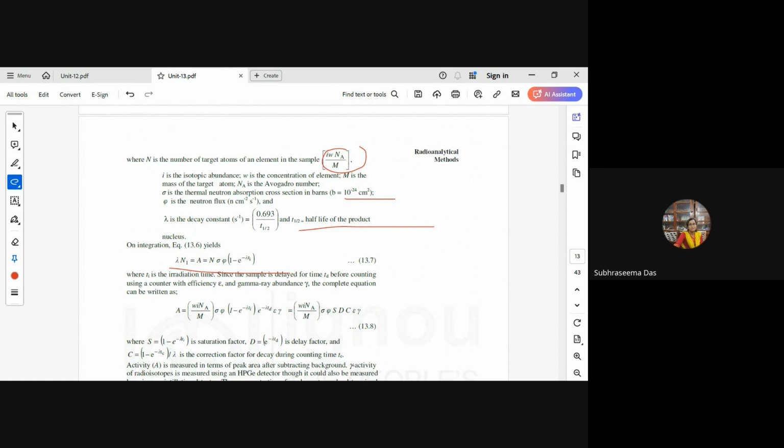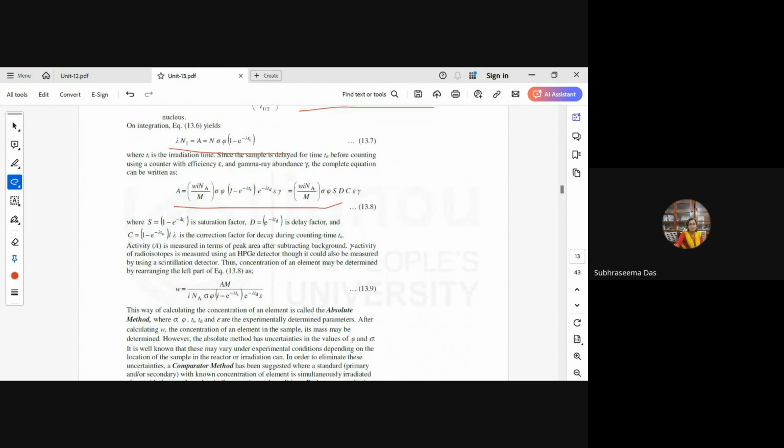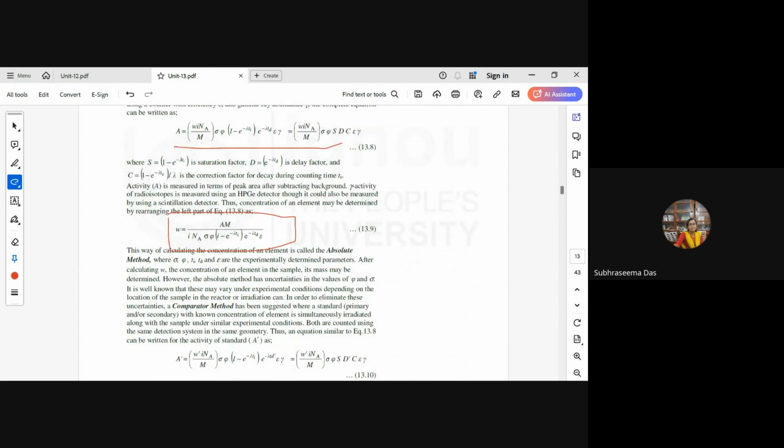Now since the sample is delayed for time td before counting in a counter, the following equation is obtained, and then it is all substituted with all values, and we find the concentration, which is given in equation 13.9. This way of calculating the concentration of an element using equation 13.9 is called the absolute method, where sigma, phi, ti, td and epsilon are measured from experiment.